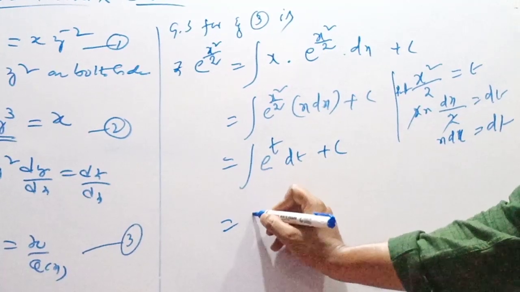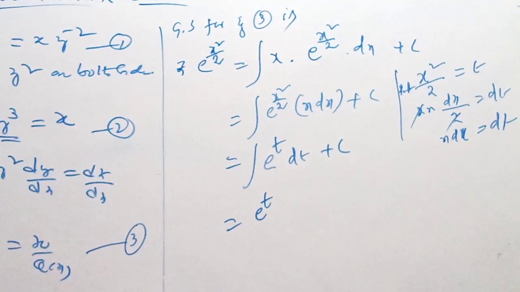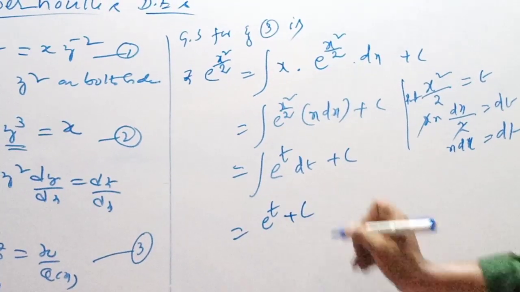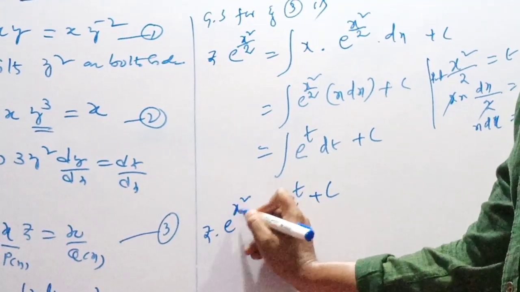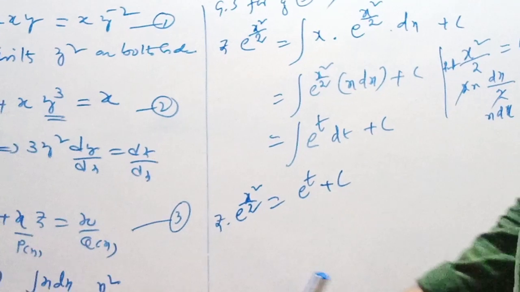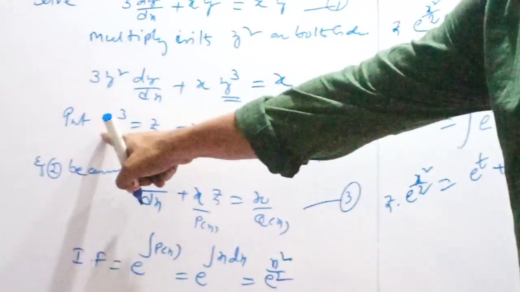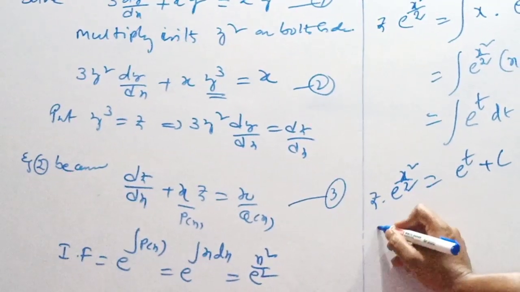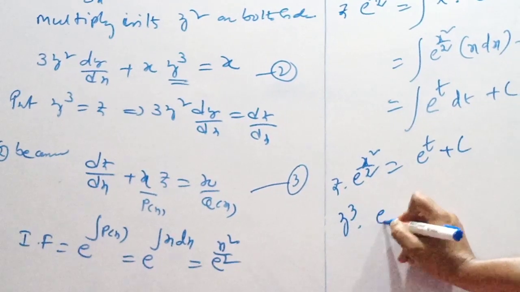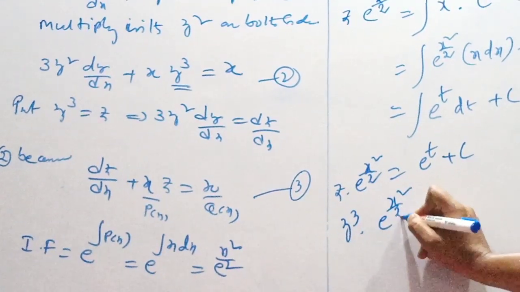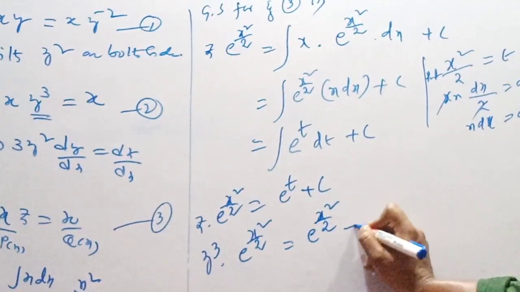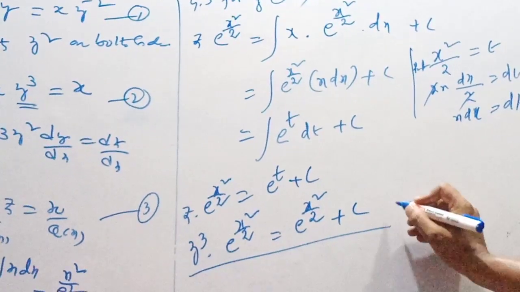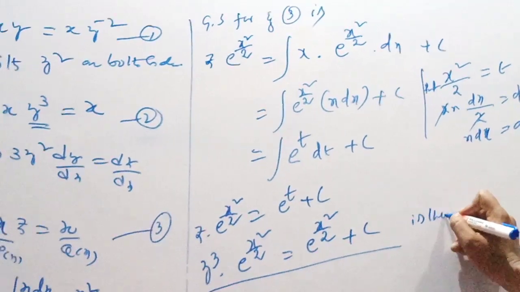The integration of e to the power of t is e to the power of t, so e to the power of t plus constant c. This is z into e to the power of x square by 2, but z equals y cube, so y cube into e to the power of x square by 2 equals e to the power of x square by 2 plus constant c, which is the required solution.